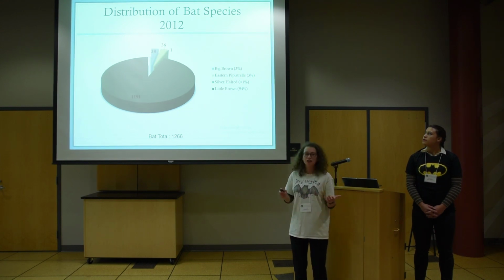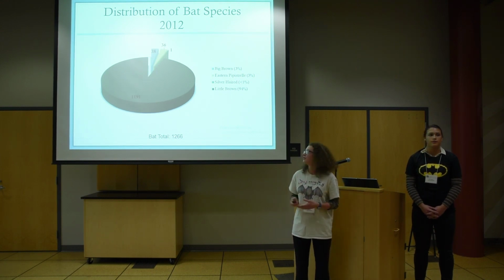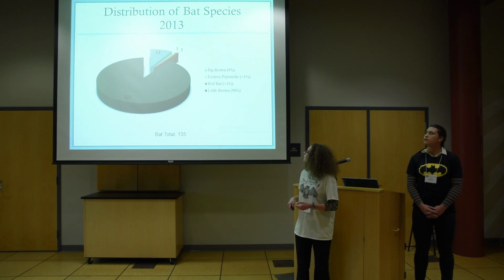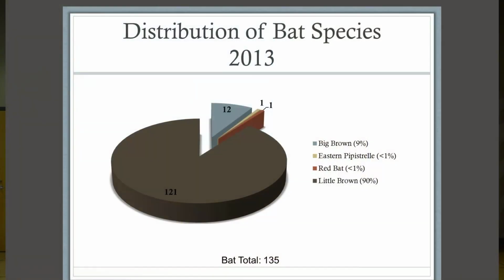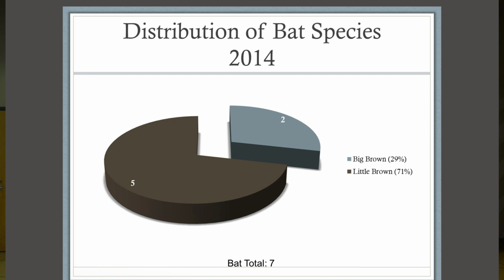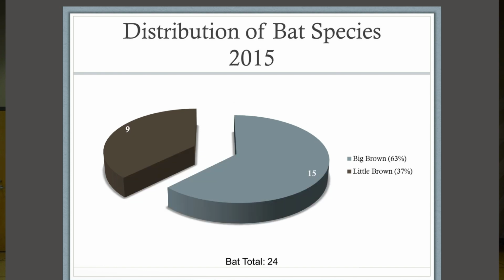In 2012, we still had a similar amount of diversity. 2013, again, we had the huge drop-off in numbers, but we still had some diversity among species. In 2014, our diversity was reduced to 2 species, little brown bats and big brown bats. And that pattern is similar, continuing on until today.